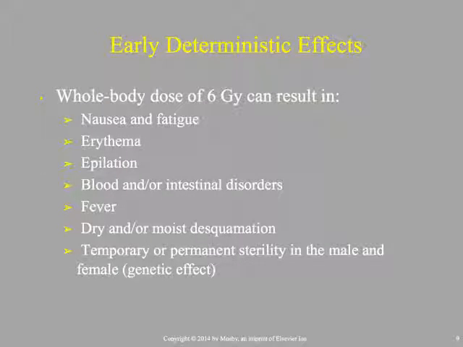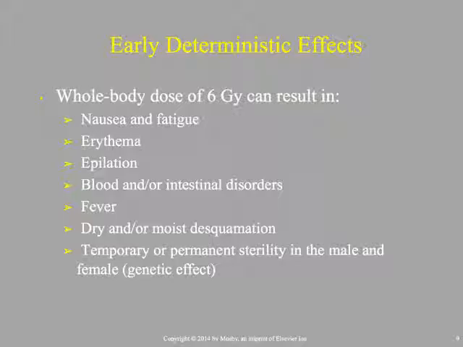Okay. Early deterministic effects. When we pass that threshold of 2 gray and we get up in the area of 6 gray, we're talking about things like nausea and fatigue, erythema, epilation, blood and intestinal disorders, fever, dry and or moist desquamation, and temporary or permanent sterility, right?